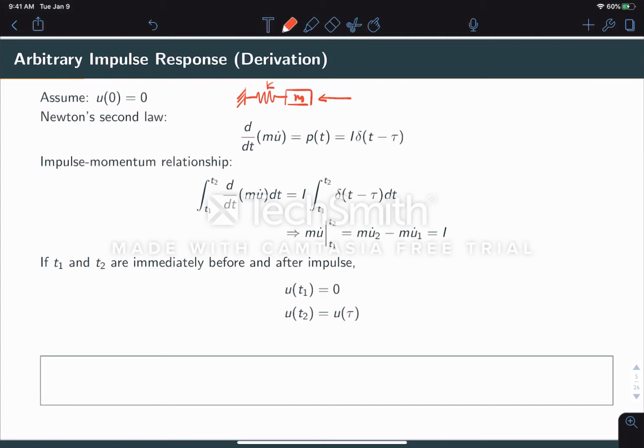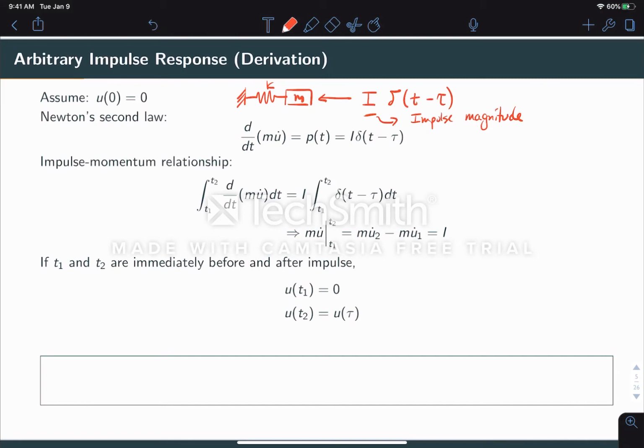And we're going to express that impulse in terms of the Dirac delta. So we're going to take the Dirac delta, shift it by some time tau, right? So we can account for an impulse at any point in time. And we're going to scale it by this constant I, which is going to represent the magnitude of that impulse, right? So again, we're just trying to generalize so we deal with more than just a unit impulse.